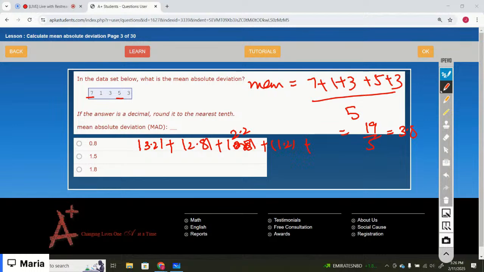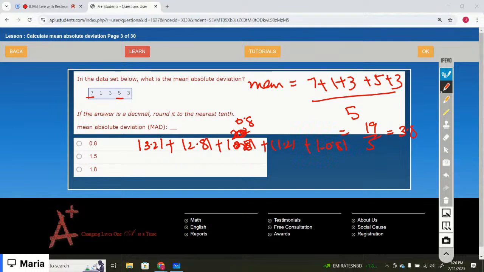Then 3 minus 3.8 is negative 0.8. This one also 3, that is 0.8.